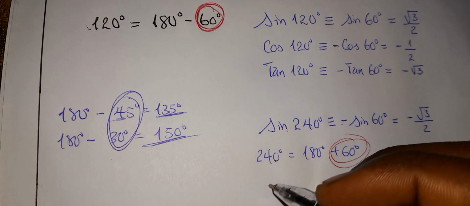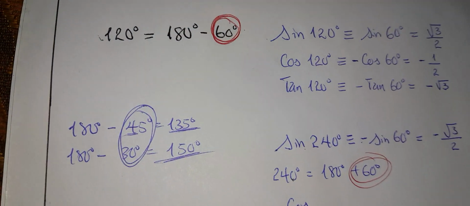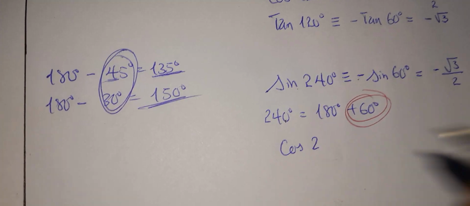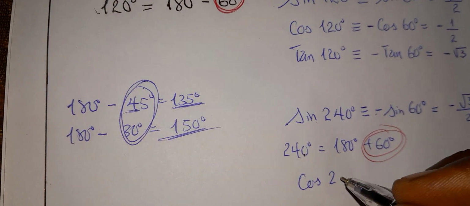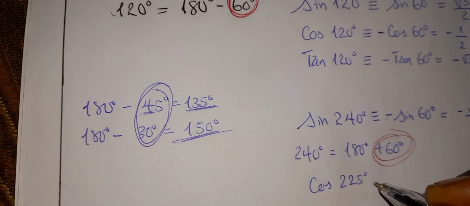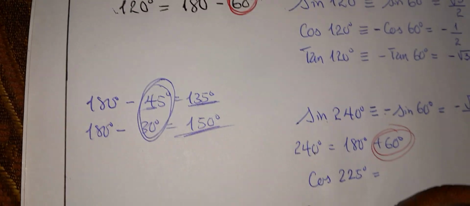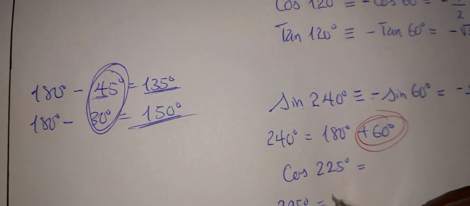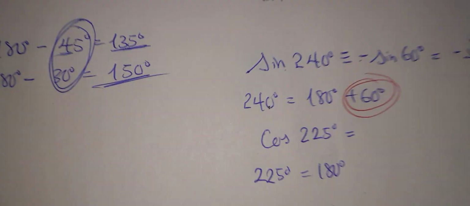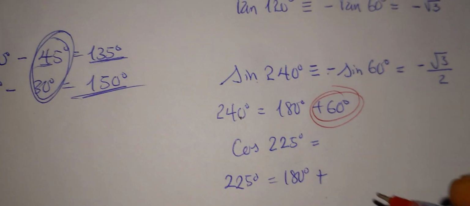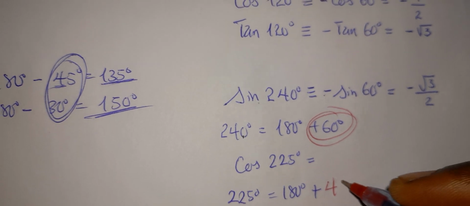So what is cos, let me take another number. What is cos 225? The question is, how do we arrive at 225? 225 degree will be 180 degree plus, let me use red pen for this, 45 degree.